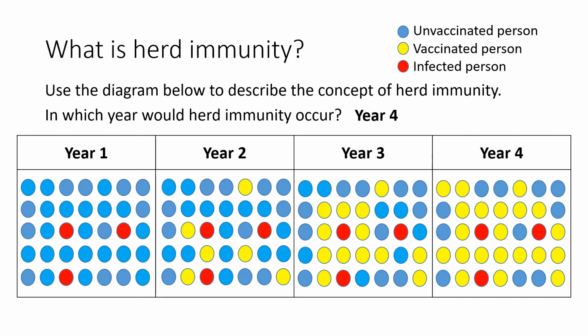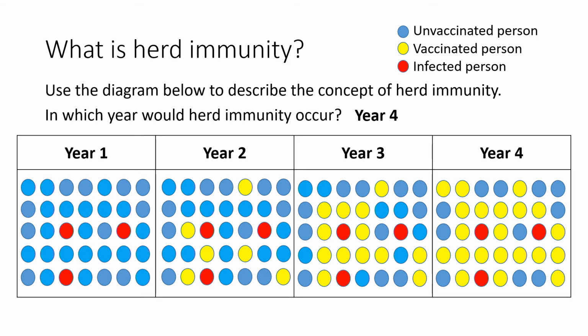Remember, if a person who's infected passes it on to a vaccinated person, a secondary immune response occurs and the vaccinated person does not get sick. When enough people in a population have a vaccination so that there is no possibility of an infected person meeting an uninfected, unvaccinated person, that is when we get herd immunity. Basically, the pathogen dies out because it's no longer able to spread from person to person and infect each other.